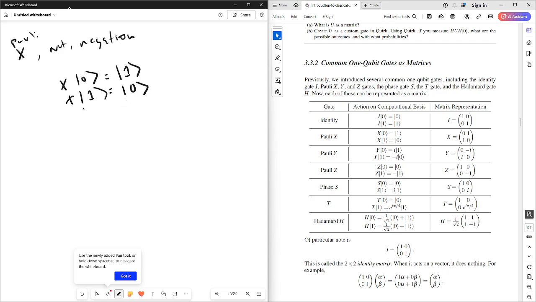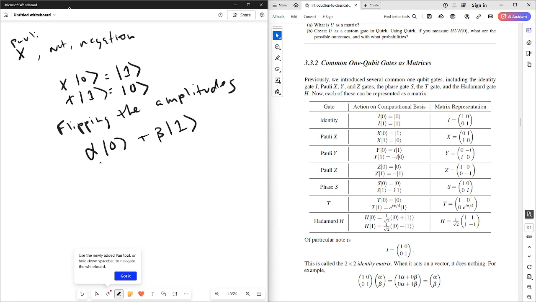As we saw yesterday, the X gate operates by flipping the amplitudes. So if we have alpha state 0 plus beta state 1, and we apply an X gate, the resulting superposition is that these switch places, and we wind up with beta state 0 plus alpha state 1.